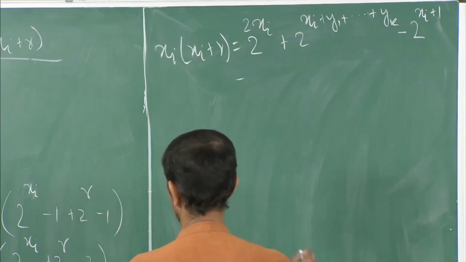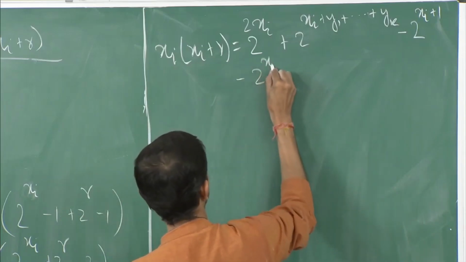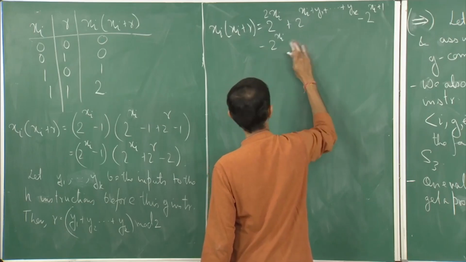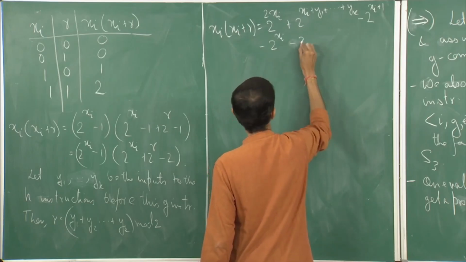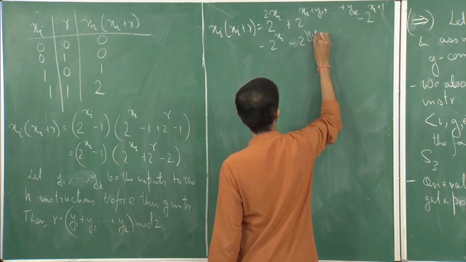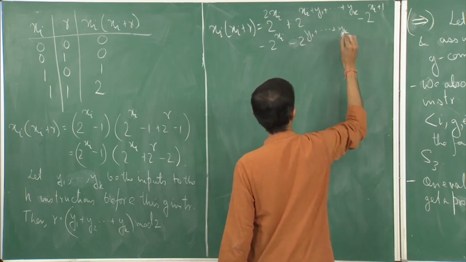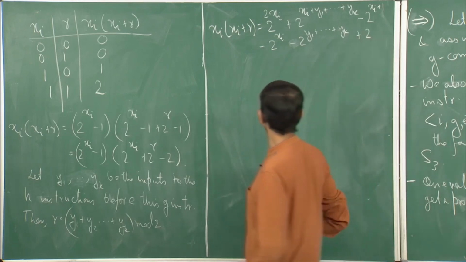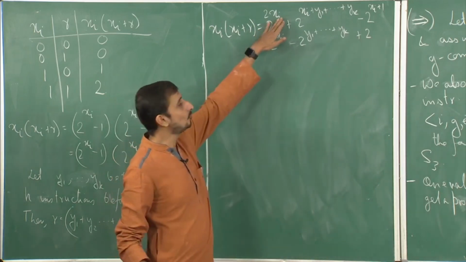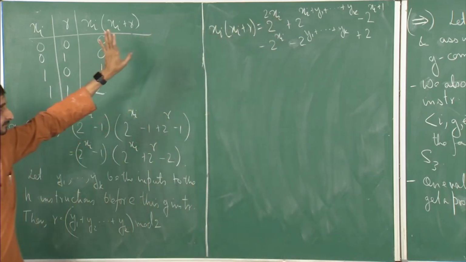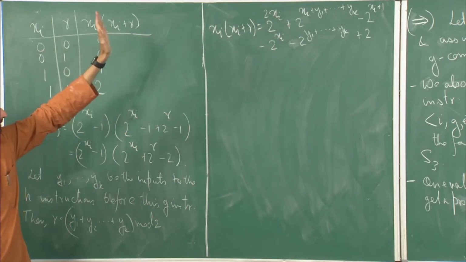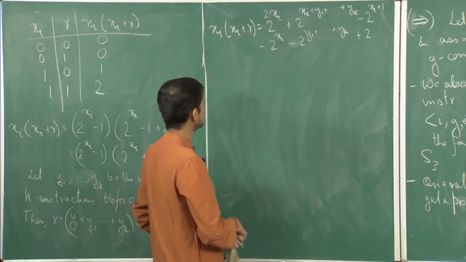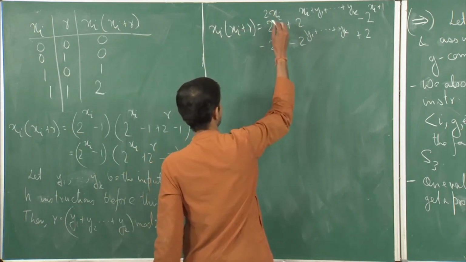minus 2 raised to the power xi, plus, sorry, minus 2 raised to the power y1 up to yk plus 2. Okay. So 2 raised to the power 2xi is anyway 0, because I am taking all the exponents modulo 2. So 2 times xi is 0, and this cancels off.